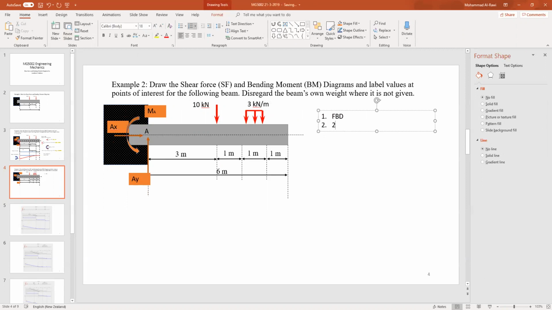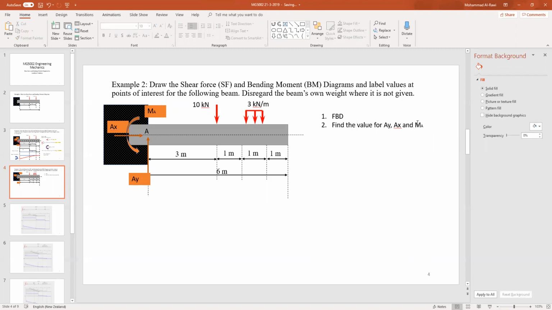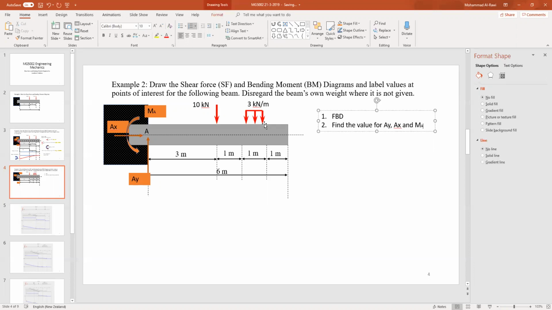Now, the second step is to calculate the support reaction forces, so find the values for AY, AX, and MA. As you can see, as in the previous example, there are no forces acting in the X direction.